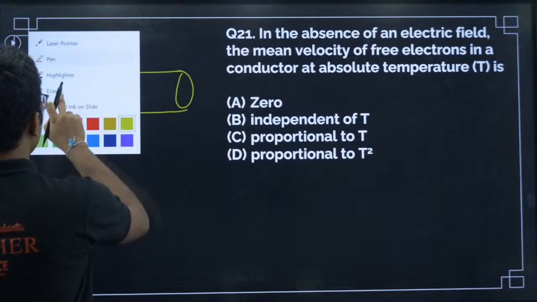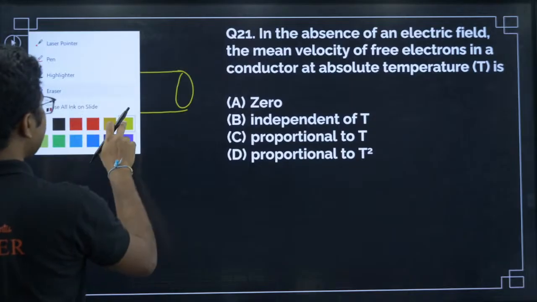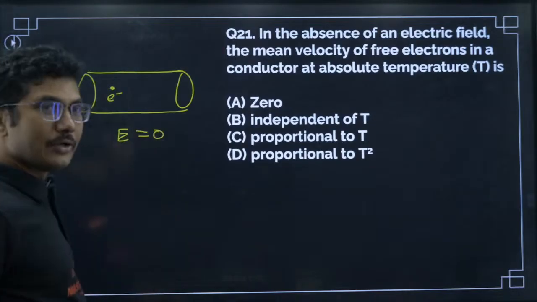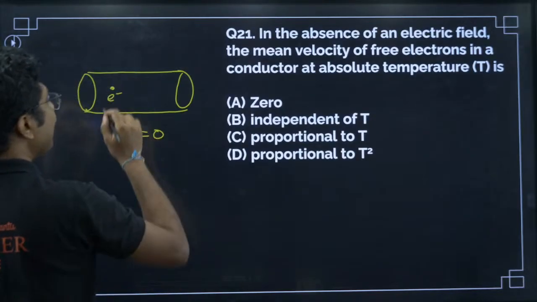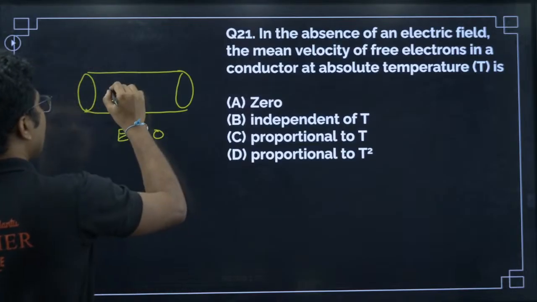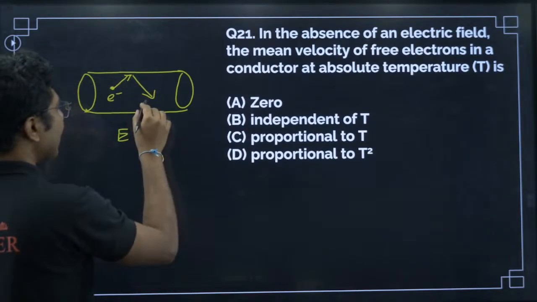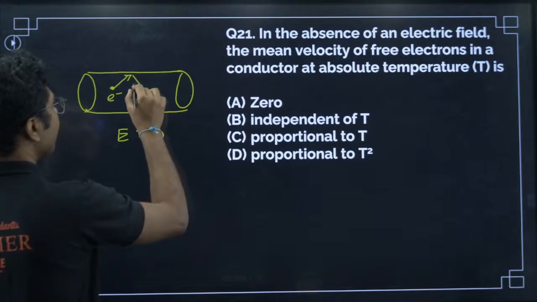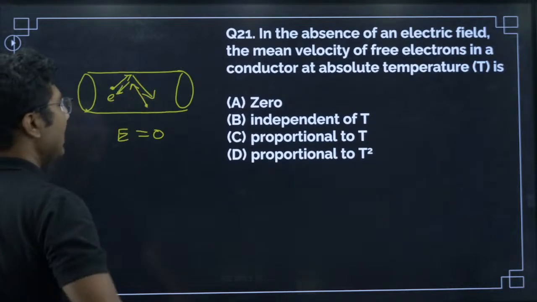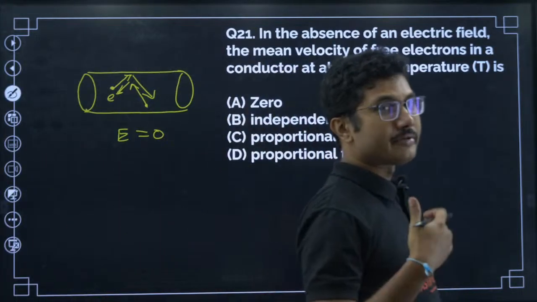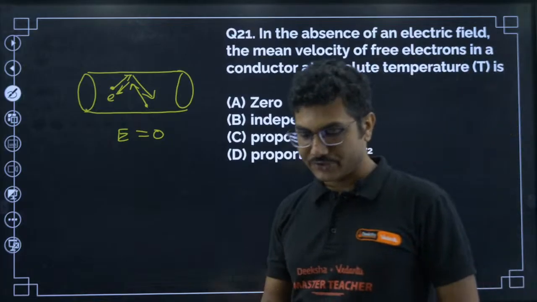Now let's see. When there is no electric field, it is 0. Electrons inside a conductor will move, but if an electron is moving in this direction, there will be another electron moving in the opposite direction, because all the electrons are moving in a random fashion.